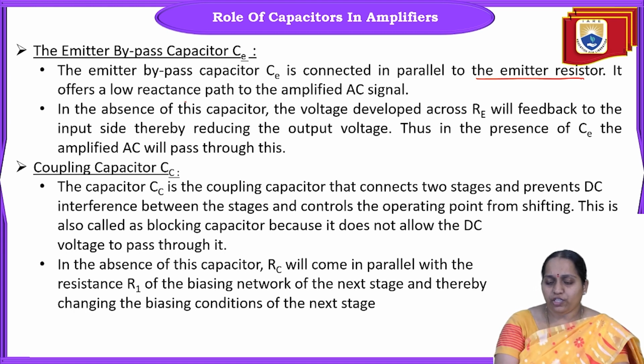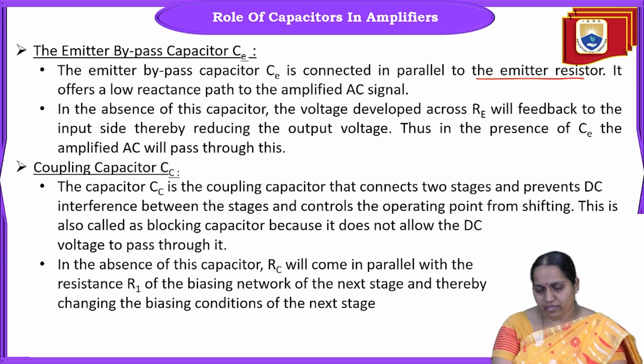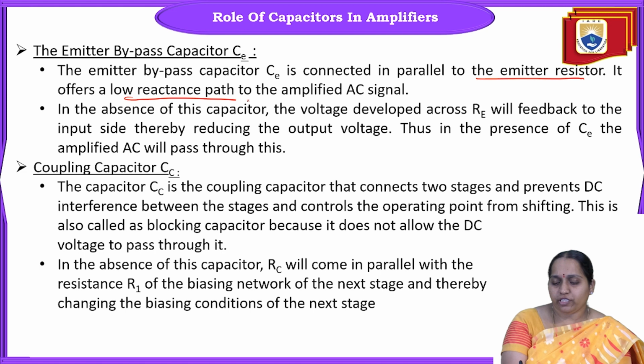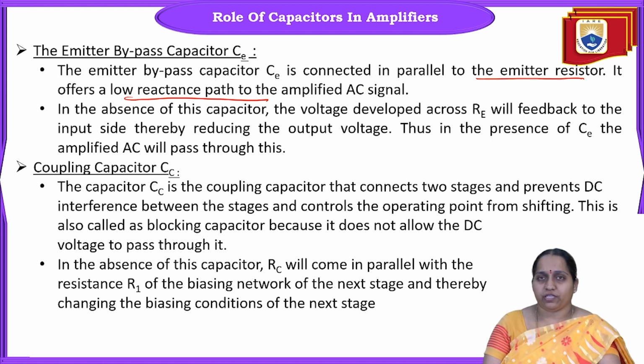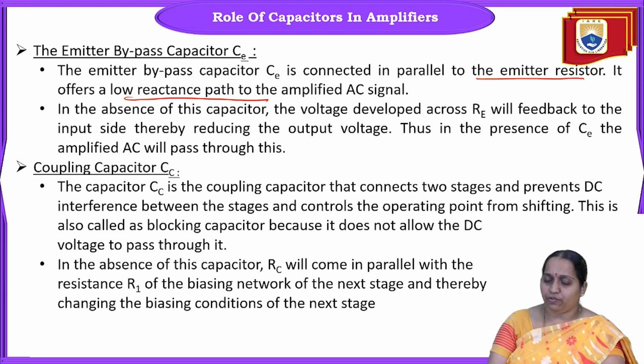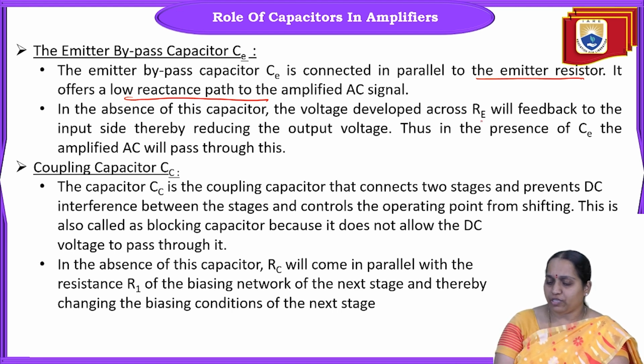It offers a low reactance path to the amplified AC signal. The main reason why you are connecting this capacitor CE in parallel to the emitter resistor RE is that it will offer a low reactance path to the amplified AC signal. In the absence of this capacitor, the voltage developed across RE will feed back to the input side, thereby reducing the output voltage.